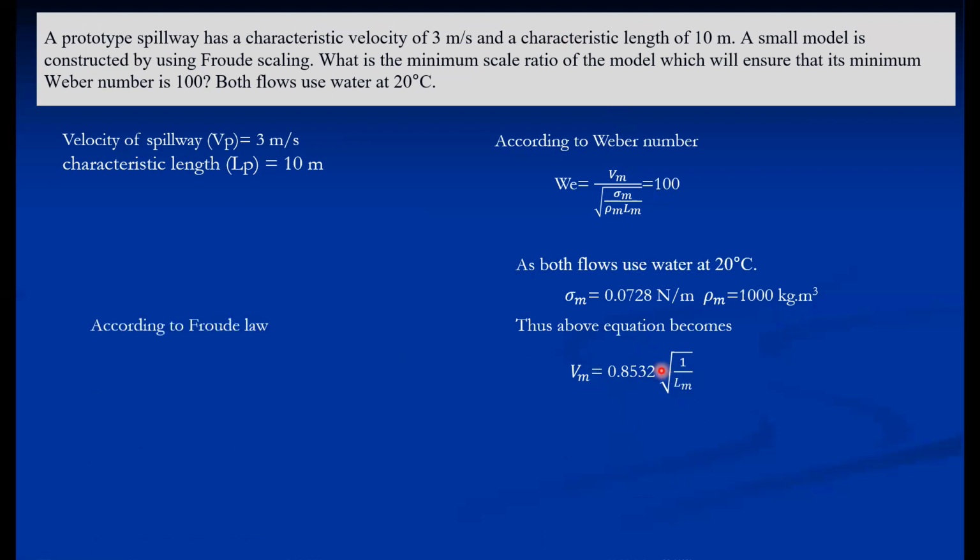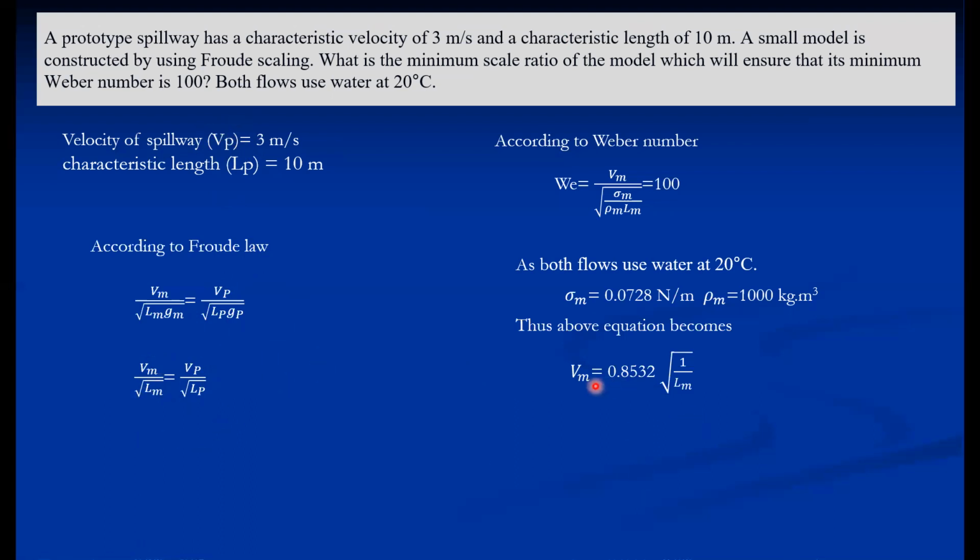Now, according to the Froude law, it is V upon under root Lg. In this case, g is common as both are at the ground level, so it gets cancelled. So Vm upon under root Lm is equal to Vp upon under root Lp. Now the right hand side is known to us, that is the velocity of the spillway Vp and Lp, both values known. So we can calculate the Lm value, because Vm we can substitute in terms of Lm.